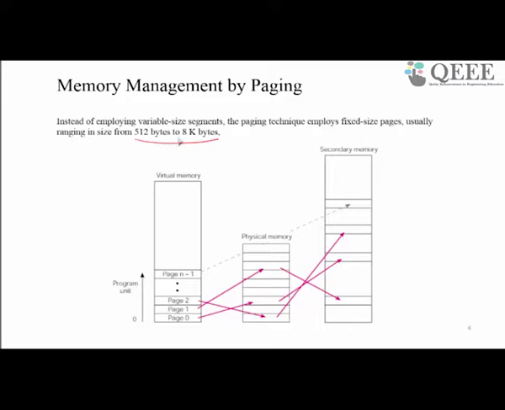It can be 512 bytes to 8K or 16K and so on. So pages 0, 1, 2 up to n-1 are shown here. The main memory or the physical memory is divided into page frames. The size of the page frame is equal to the size of the page, and any page can reside in any page frame in the main memory.